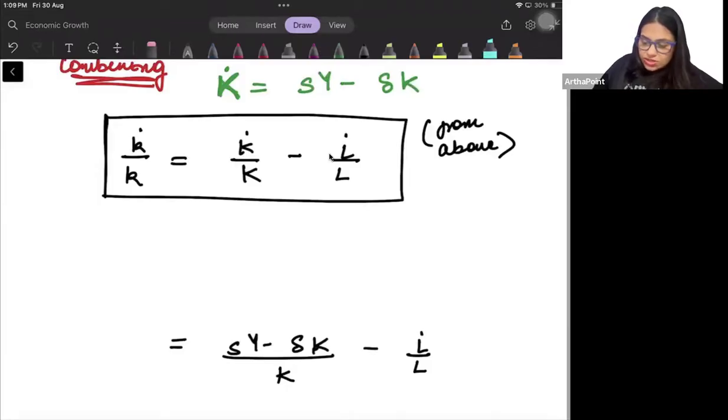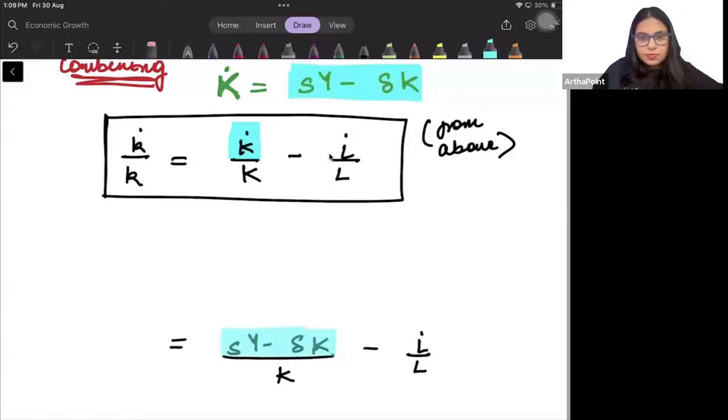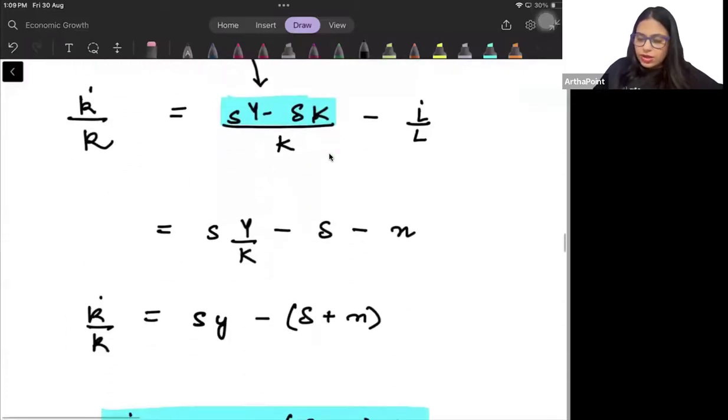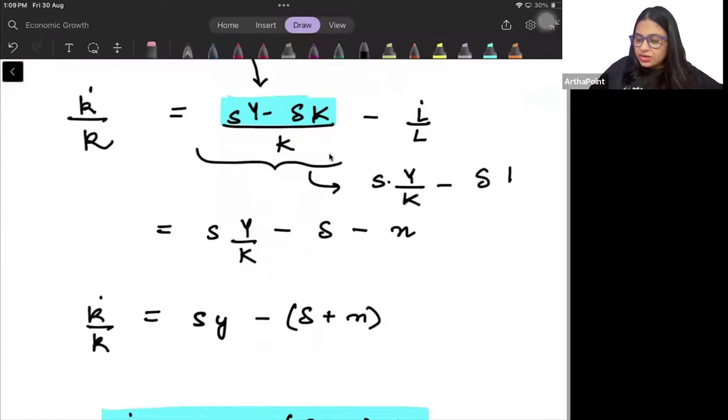So in place of this K dot I can plug in this value. Everything else here is still the same. Now I am going to open this up. So this becomes sY by K minus delta K by K. Y by K is small y.